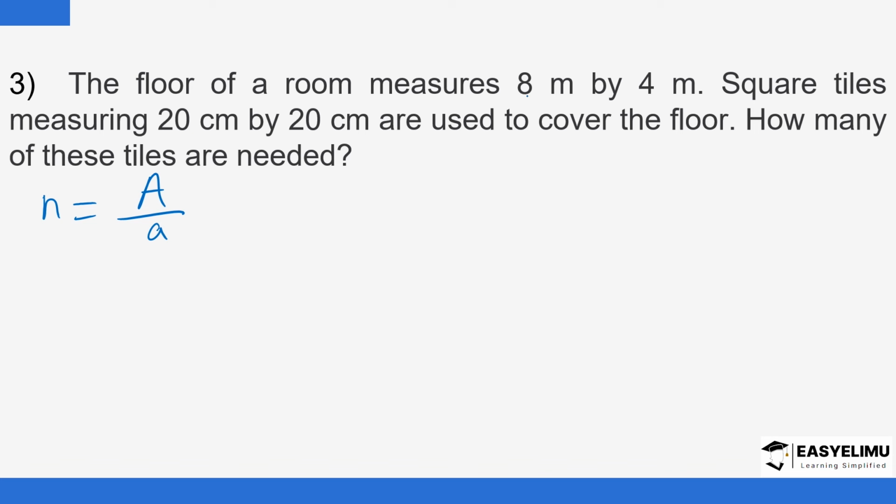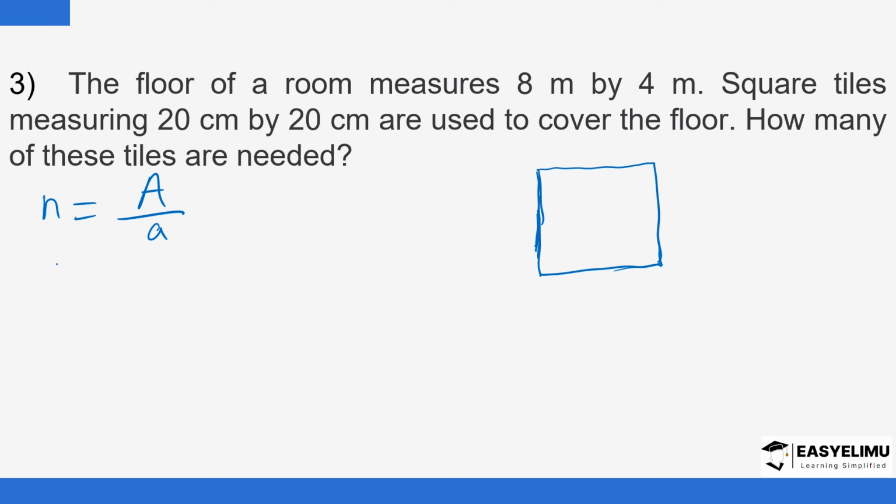The rectangular room measures 8 by 4. Also, we have this square, which is also just some form of a rectangle, having certain characteristics of a rectangle: opposite sides being equal, each of the interior angles being 90 degrees.